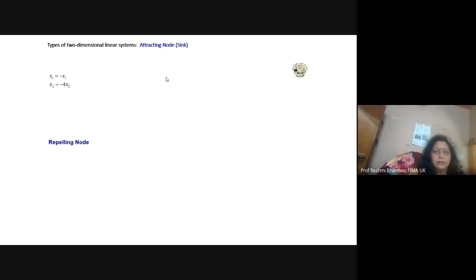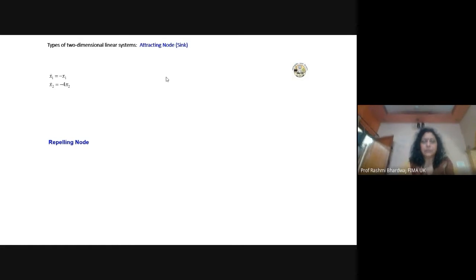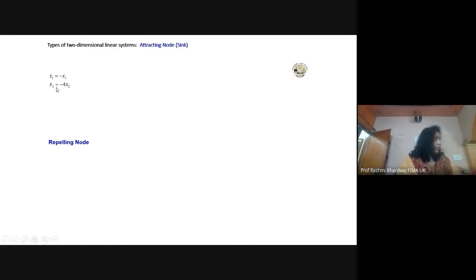Like if we have a system x1 dot equal to minus x1, x2 dot equal to minus 4x2. And if we write down the matrix, we take delta by delta x1 of this, which is minus 1, 0, 0, minus 4.